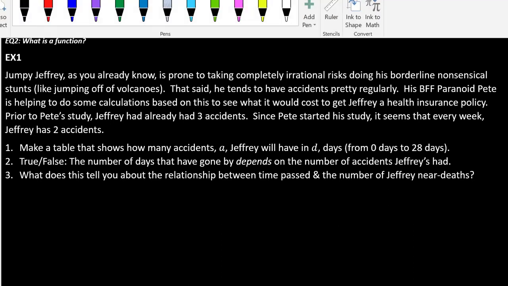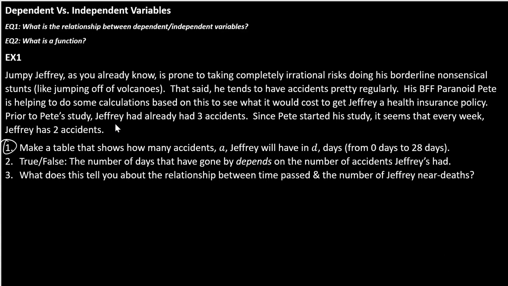So we're first asked to make a table that shows how many accidents A Jeffrey will have in D days, from 0 days to 28 days. Okay, so let's look at that. At 0 days, we'll say this is D, this is A, so days, accidents.